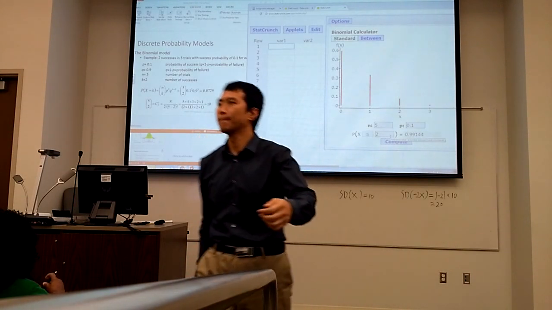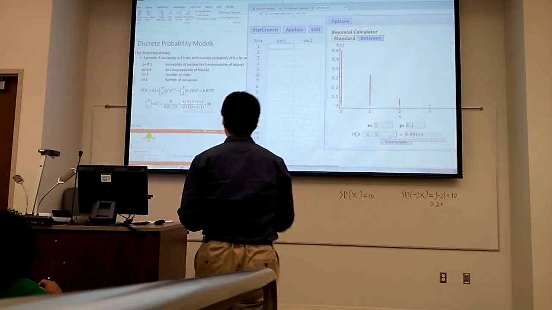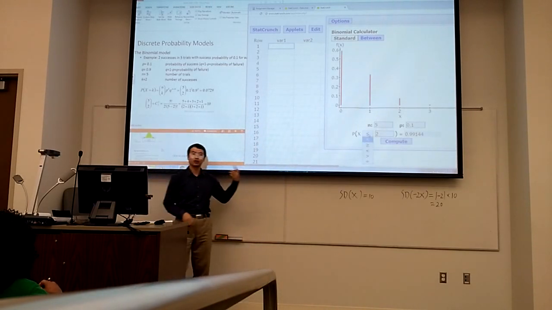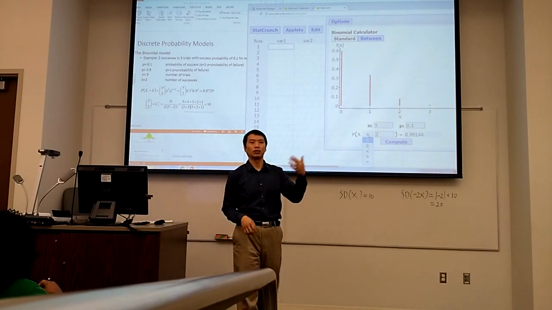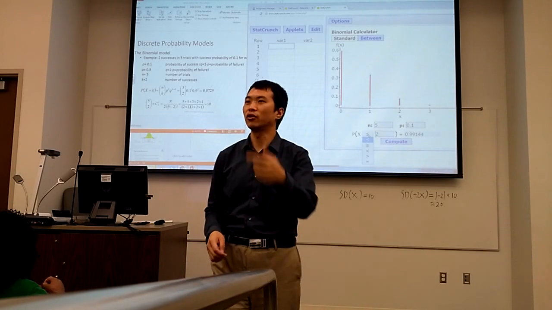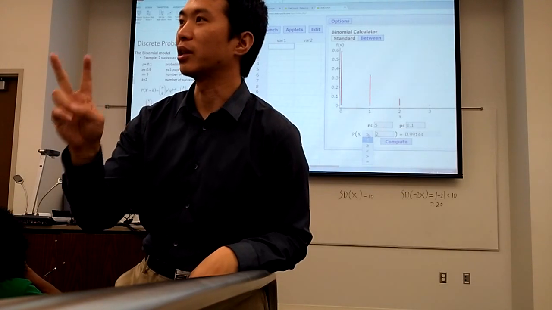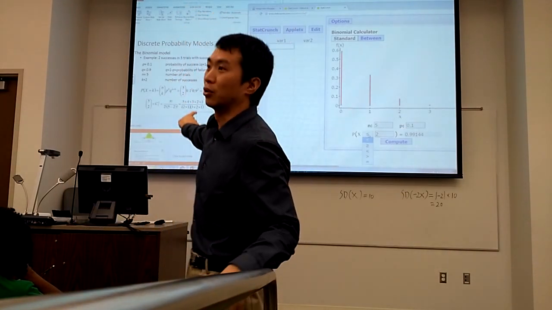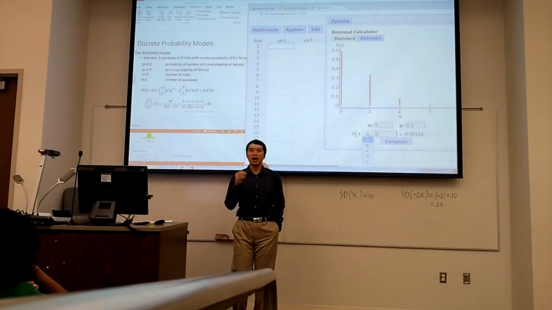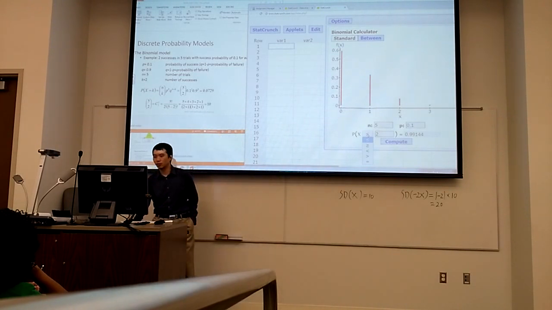How do we know whether to put equal to, less than, or greater than? That depends on the question. If you just want to know the probability of seeing exactly 2 successes, you just use equal. But if you are interested in the probability of seeing at least 2 successes, which one should we use?